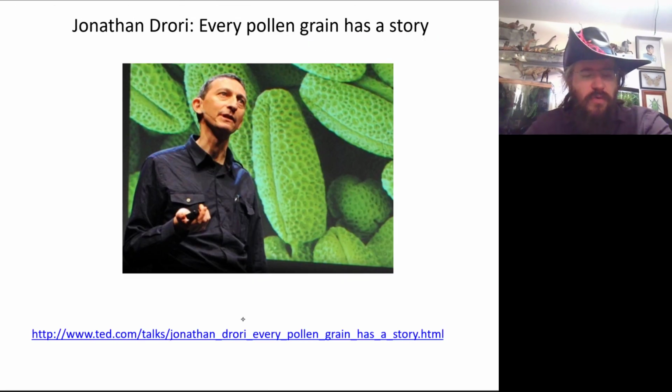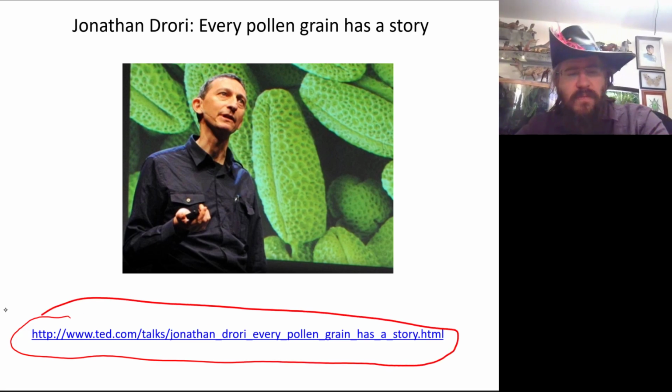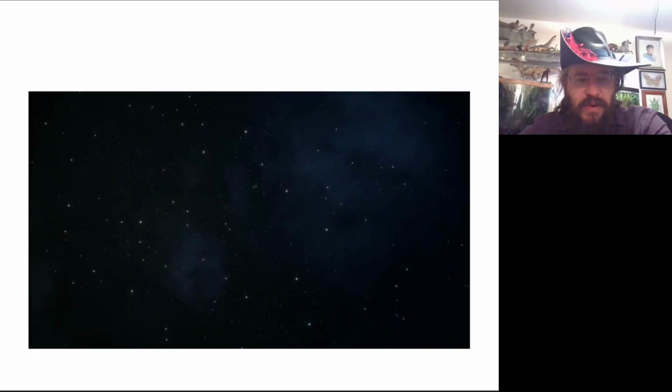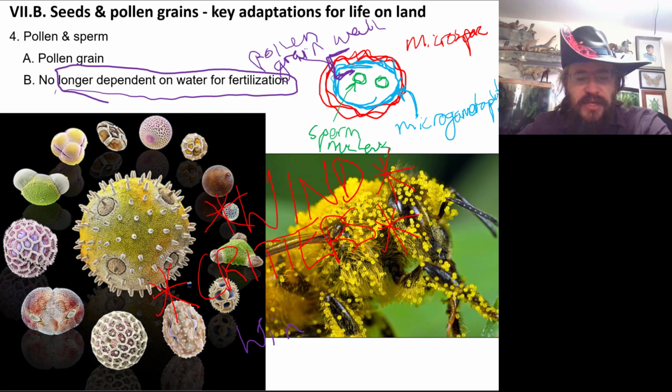Okay, so boop. This is a pretty cool video, a little TED Talk, in which the guy goes through electron micrograph images of pollen and talks about the different methods those pollen have for pollination and getting around. And no, we're not going to watch a video within a video. That's on you.